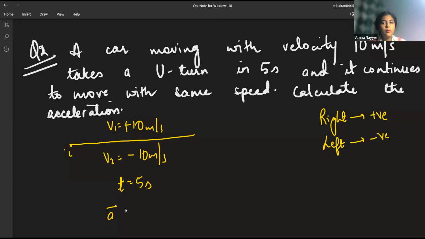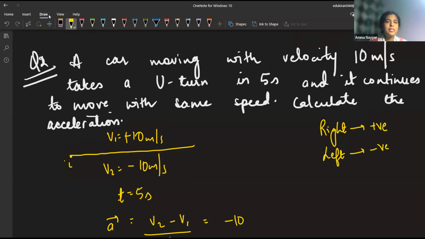Now, how to calculate the acceleration? Final speed minus initial speed divided by time. What is my final speed? Look, class, this is the final speed, minus 10, right? Or you can do one thing also. I'll show you both the cases.